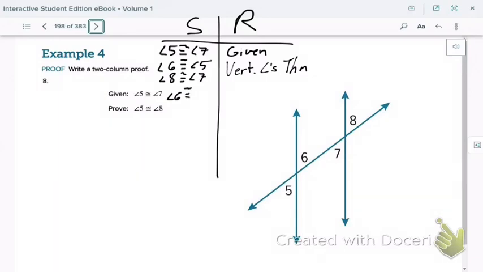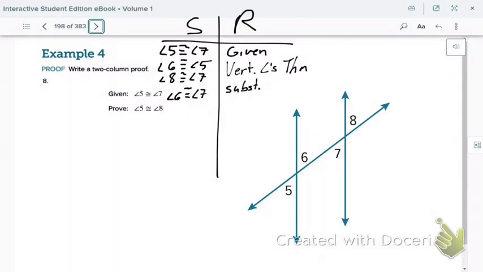7. Why? Since 5 is 7, anywhere I see a 5, I could put a 7. Right? Substitution.